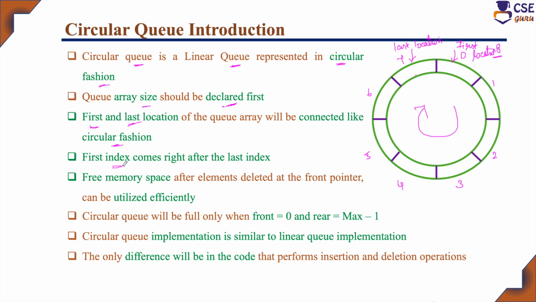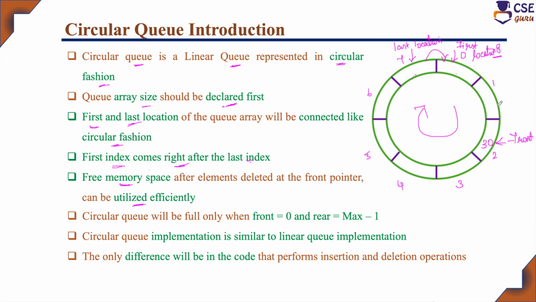The first index comes right after the last index. This is the first index, this is the last index. Right after the last index, the first index will come. Free memory space can be utilized efficiently from the front pointer. Suppose the front pointer is pointing here with element 30.